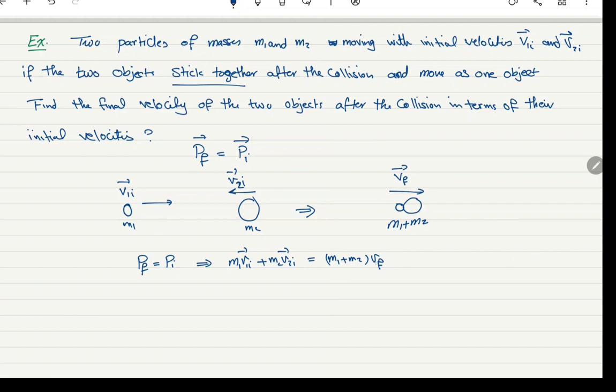No need to name it final 2 or final 1, just v final. In this case, v final equals m1 v1 initial plus m2 v2 initial over m1 plus m2.